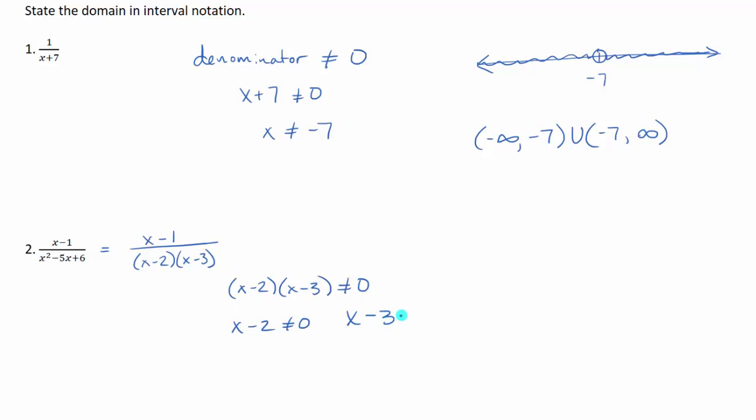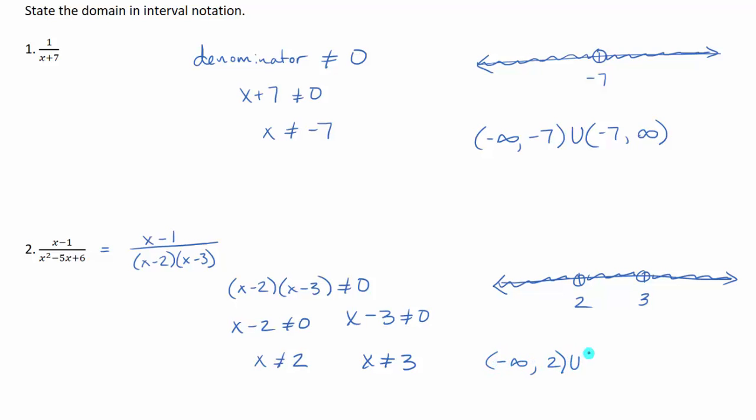X minus 3 cannot equal 0. So x cannot equal 2, and x cannot equal 3. In other words, on the number line, I can use any numbers except for 2 and 3. I can even use the numbers between 2 and 3. So my domain in interval notation is going to be -∞ to 2, union 2 to 3, union 3 to +∞.